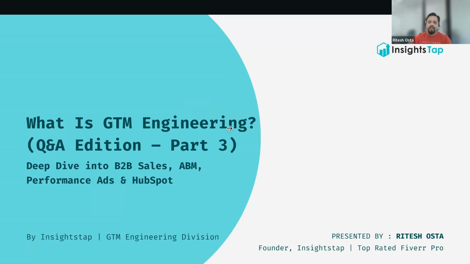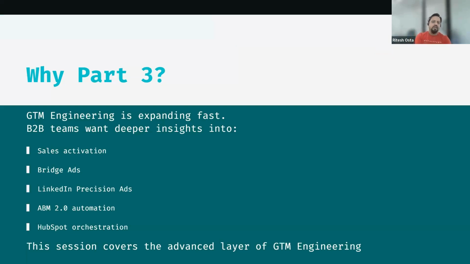All right. So now with that, let's go on to the next question, which is part three. In this part three, as I said, we are going to touch upon a certain topic, mostly around sales activation, bridge ads. We have talked a lot about bridge ads, so I'm going to just cover that a little bit.